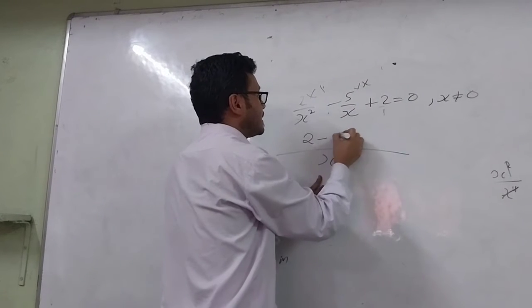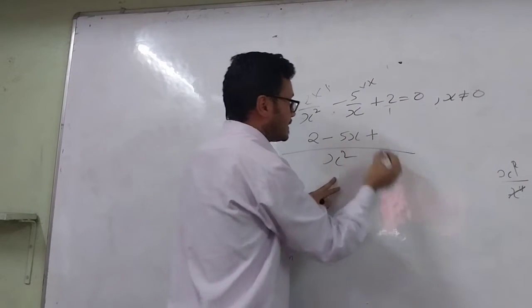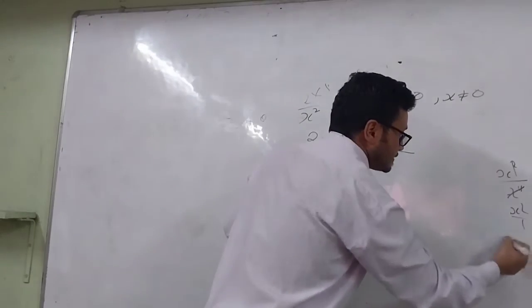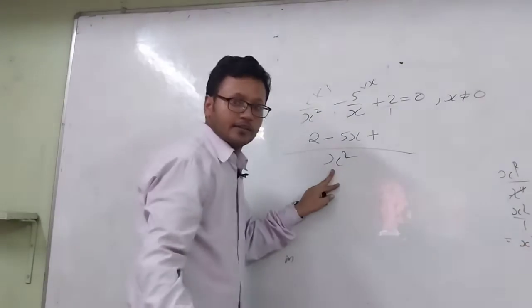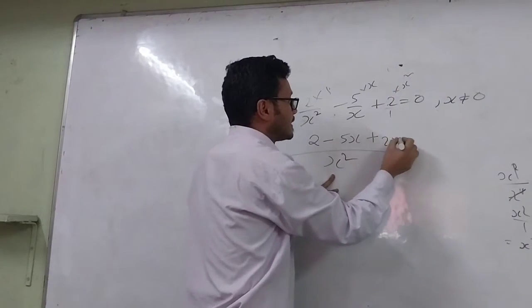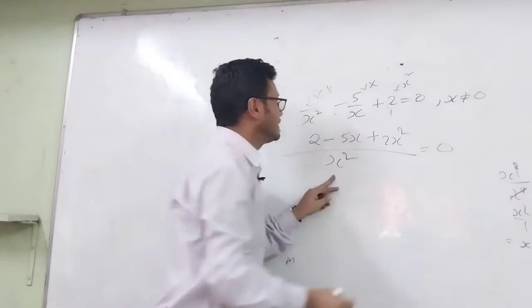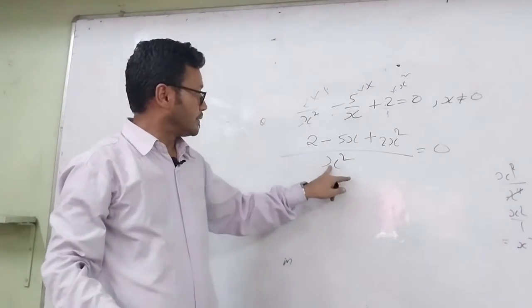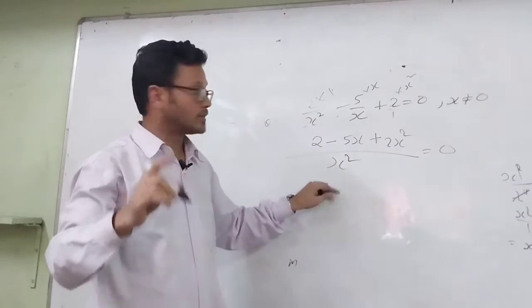5 into x, 5x. Again plus, divide this x square by 1. The answer is x square only. That means x square goes here. Then 2 into x square, 2x square equals 0. Again x square and x, LCM x square. Then divide x square by x square, 1 only, 2 times 1 is 2.